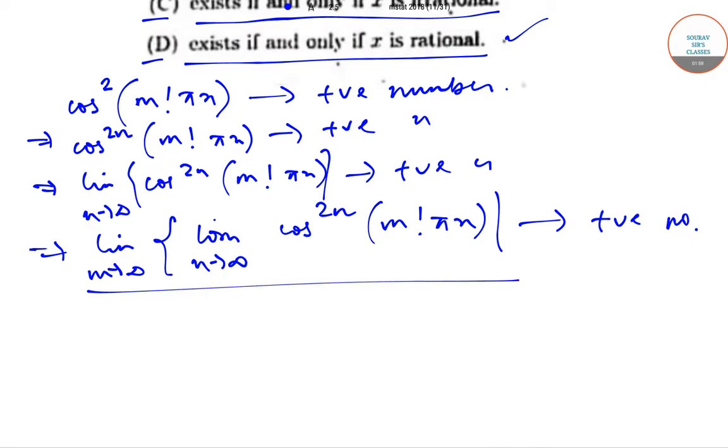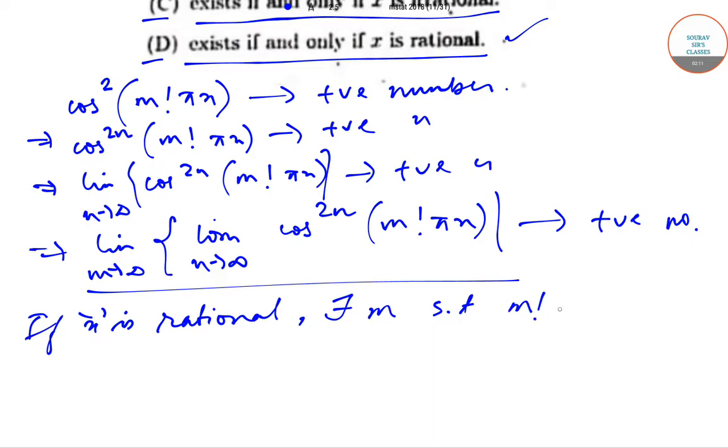Now we have to check if x is rational, then there exists m such that m factorial x is equal to 2k. This is a normal condition.